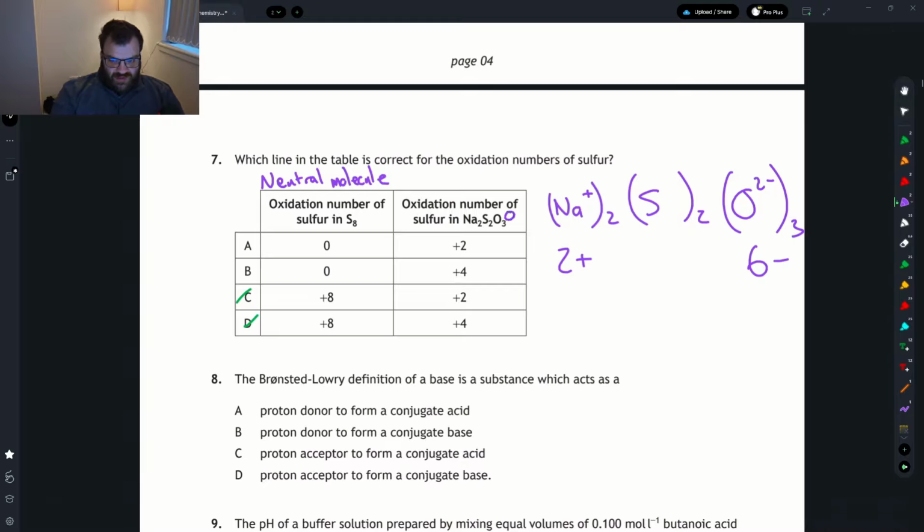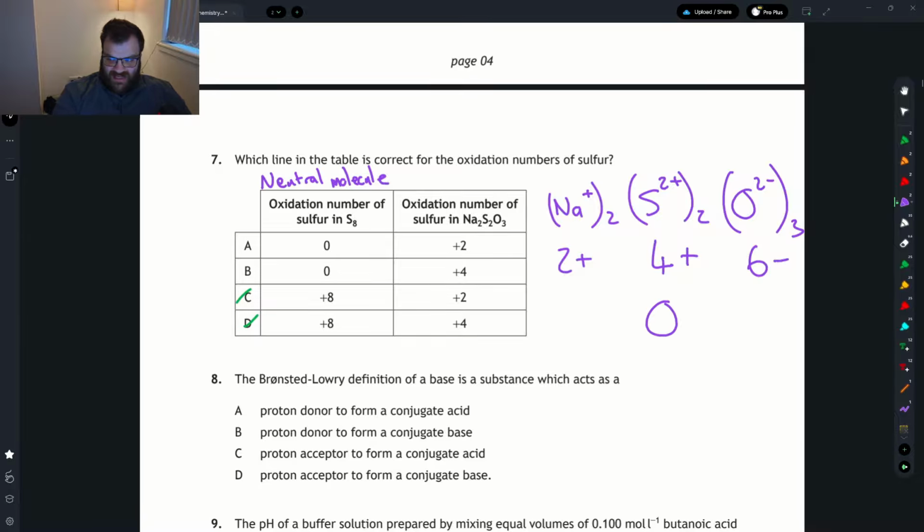We have no charge overall, so we have to find a number that would go here to balance it out. So that would be 4 positive. If we need 4 positive from the sulfurs, each sulfur would have to be 2 positive to give you an overall 0.